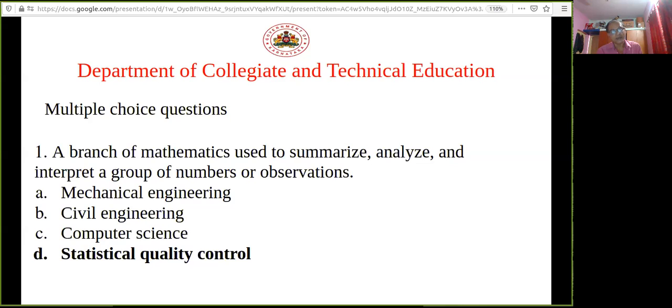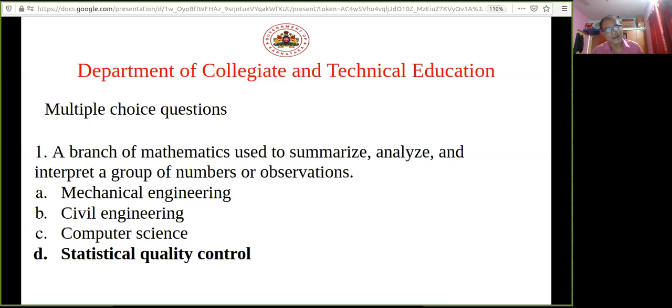Out of that, the second one is descriptive SQC, where the data that we get will be summarized, analyzed, and interpreted. It means that we condense the data and then transform it into a number of charts. The options given are mechanical engineering, civil engineering, computer science engineering, but the right answer is statistical quality control.